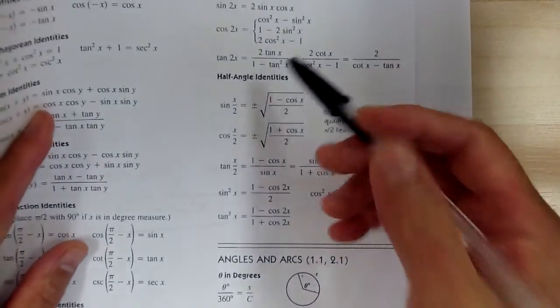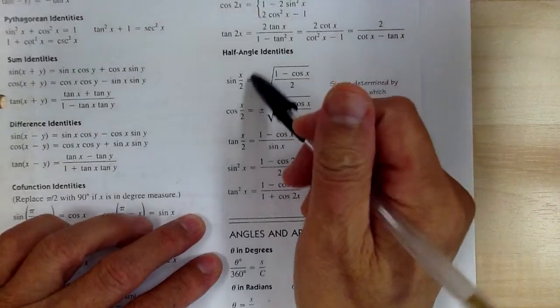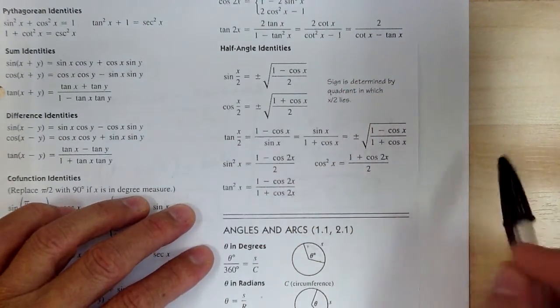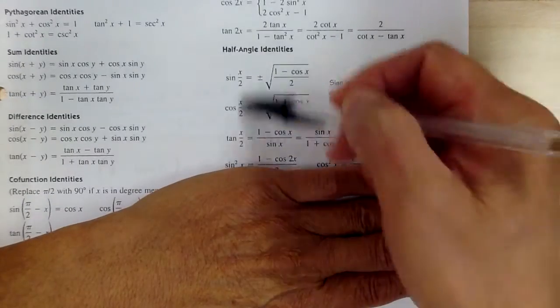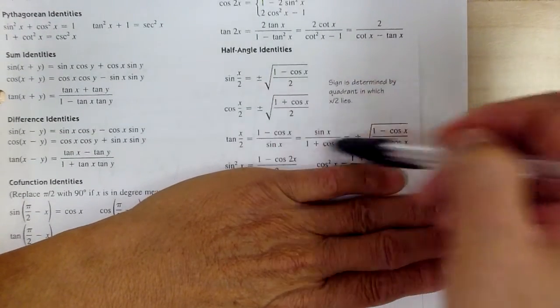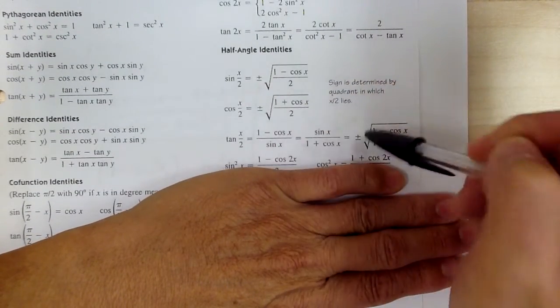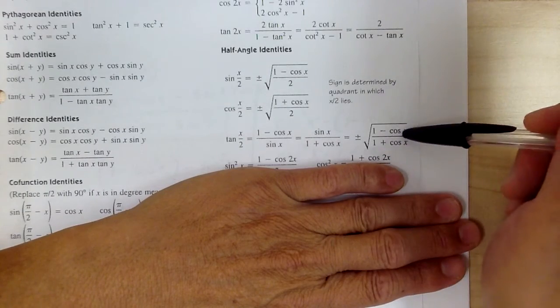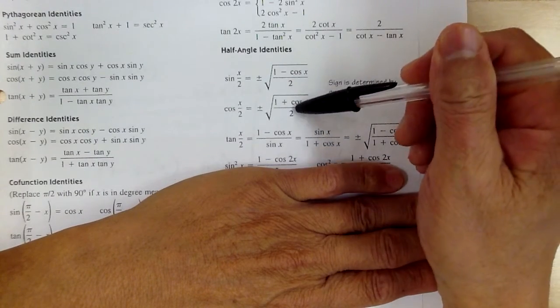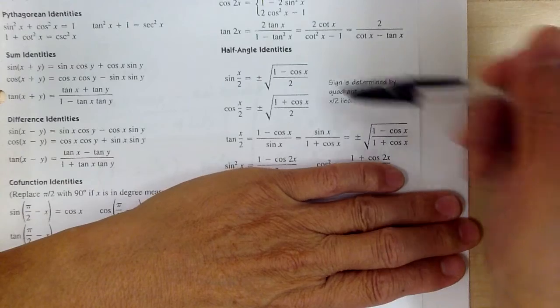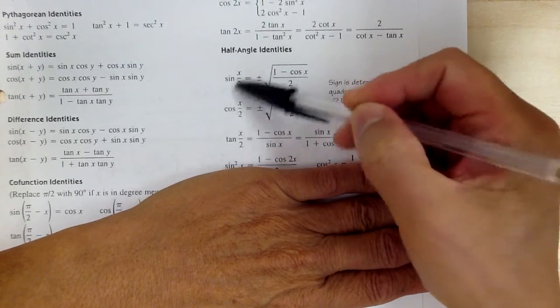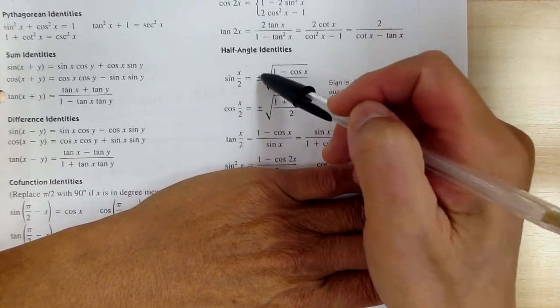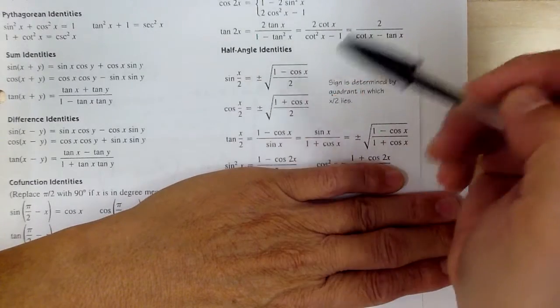Now for the half angle formula, you should know this over here. You should try to remember this one. It is easier to remember because it's just this over this, and the 2 will cancel out. So this came from this over this. Again, tangent is sine over cosine. I will explain about the plus and minus in a few minutes.